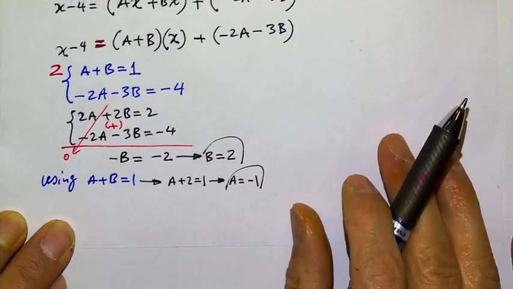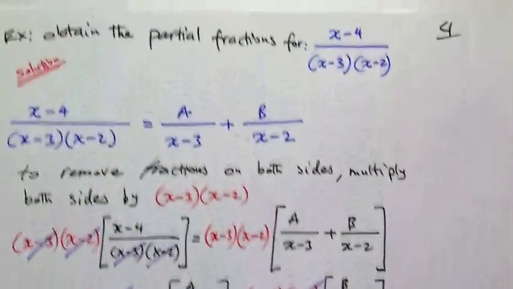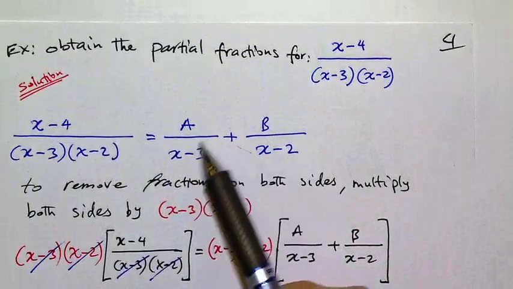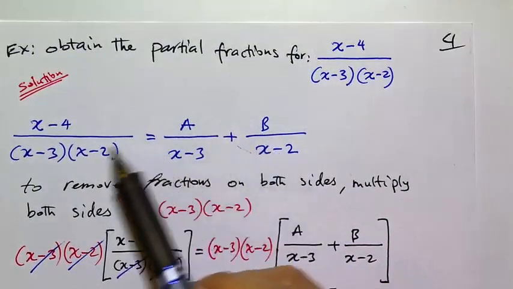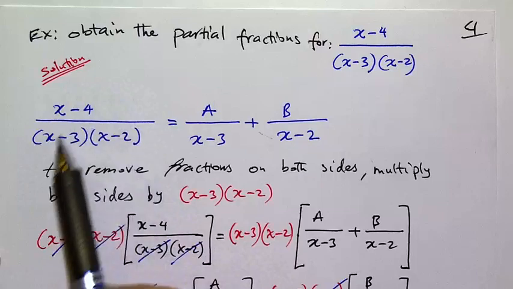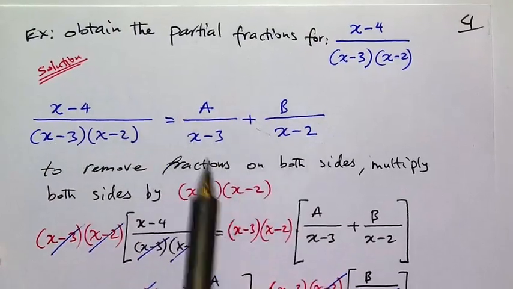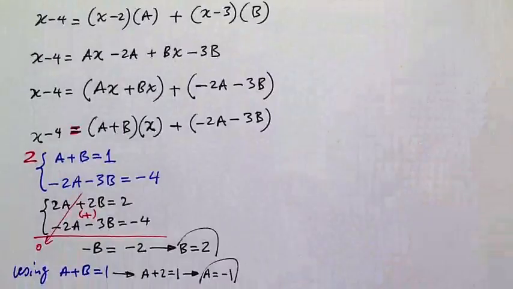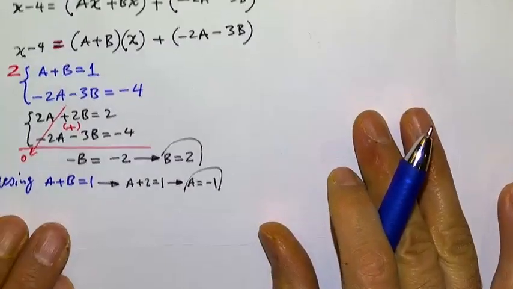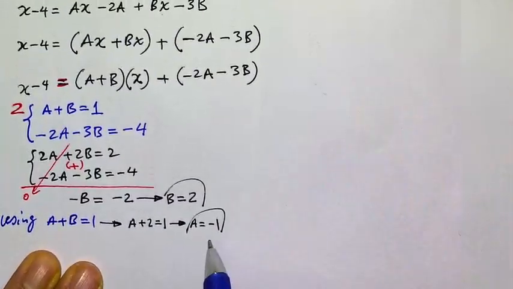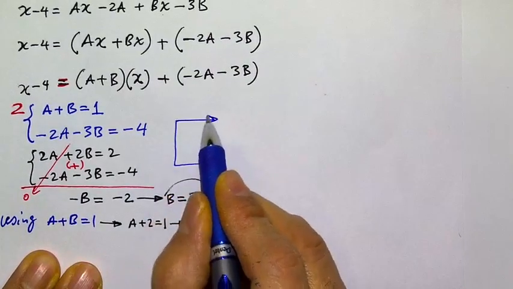Now we can plug back into our partial fraction decomposition. We know a, we know b, we are able to find the partial fraction decomposition of this rational function. So let's do that here.